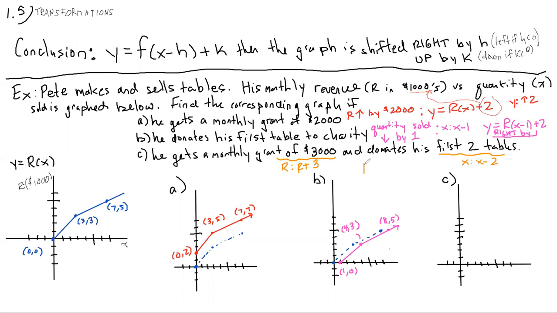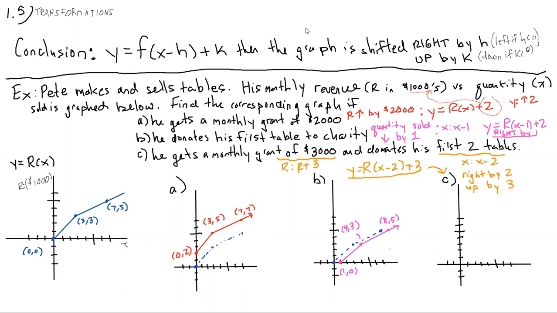And so my function is going to be R of X minus 2 plus 3. That's for C. And so what that means is it's going to go right by 2 and up by 3.